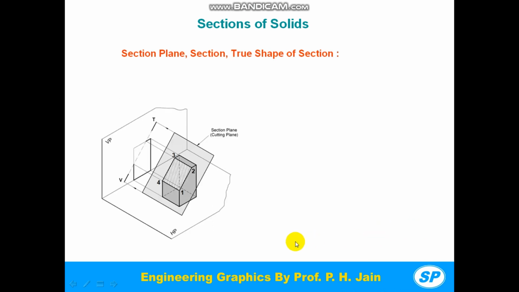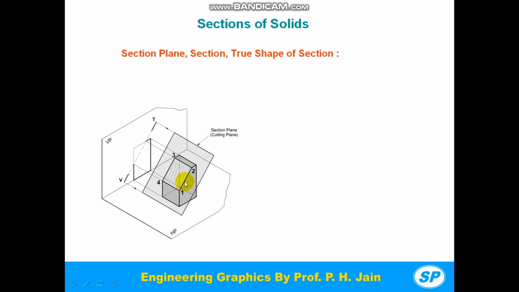Now, we have studied the concept of section plane or cutting plane. Now let us see what is a section and what is the true shape of a section. In this 3D figure, this prism is cut by a cutting plane which is perpendicular to VP and inclined at some angle to HP.